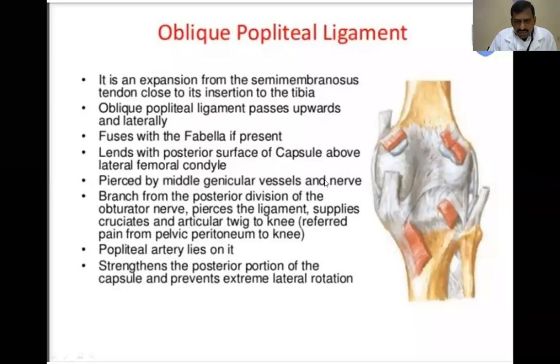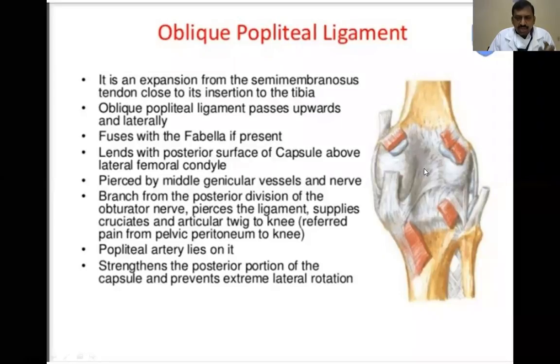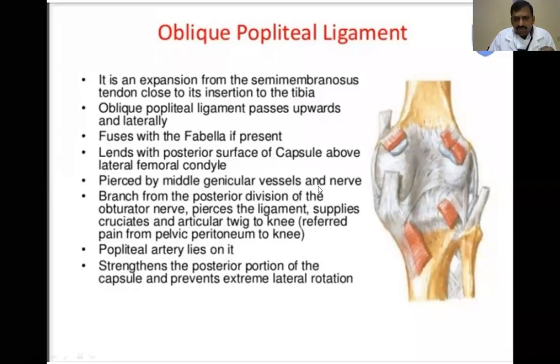These are the nerves and vessels supplying the cruciate ligaments by piercing the oblique popliteal ligament. This is the site of piercing, and they go into the joint and supply the anterior and posterior cruciate ligaments. They are supplied by the middle genicular nerve and vessels.